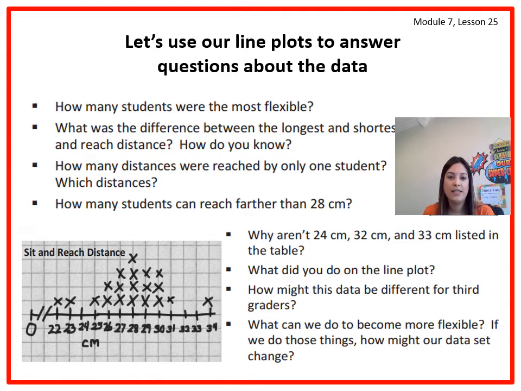Next question says, what was the difference between the longest and shortest sit and reach distance, and how do you know? Well, the longest was 34 and the shortest was 22. So we need to find the difference between 34 and 22. You can start at 22 and count on to 34, or you can do 34 minus 22.